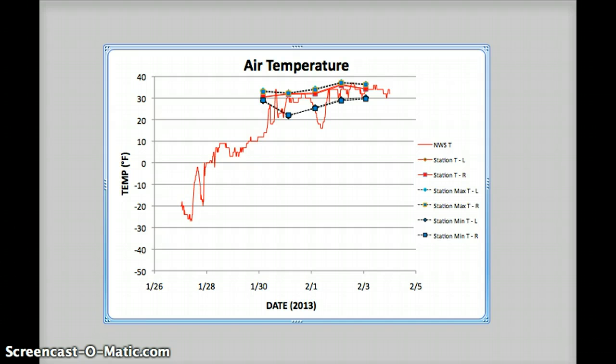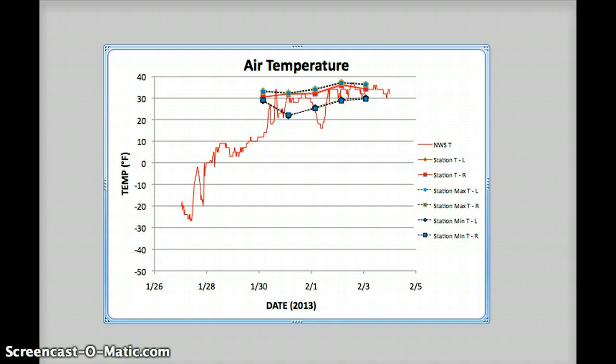Ending with Sunday, few clouds, 1 to 2 octals, with a temperature of 34 degrees. Precipitation was none, along with a wind that was at 0 miles per hour, and that was the case for most of the weekend, besides a little bit of a pickup on that Saturday with a 5-mile-per-hour wind.